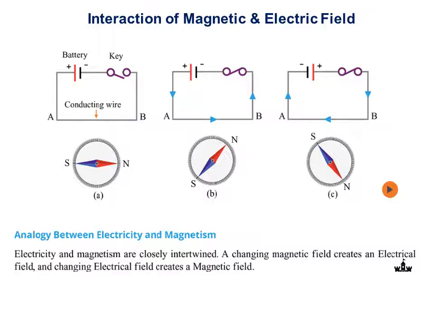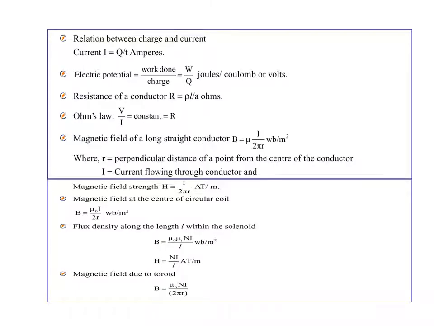Electricity and magnetism are closely intertwined. A changing magnetic field creates an electric field, and a changing electric field creates a magnetic field. A few phenomena in electrical and magnetic fields are relation between charge and current. So current is charge per unit time, denoted in amperes.